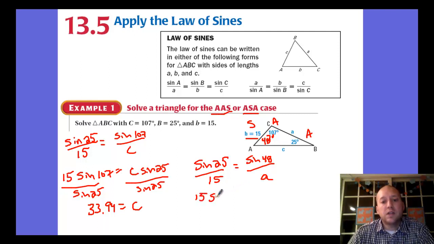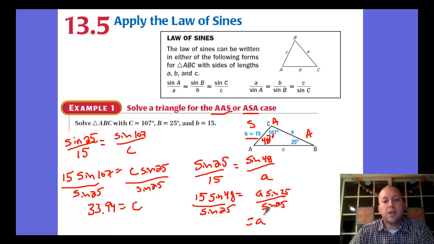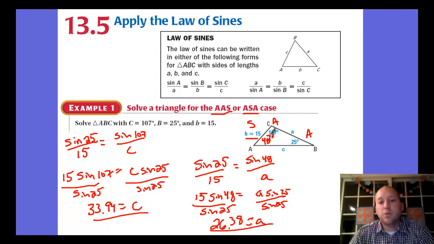So 15 times the sine of 48 equals A times the sine of 25. Then divide both sides by the sine of 25. So if we plug that in, we get 26.38. And so then we can solve. That's solving for the triangle, finding all the missing portions of that triangle.